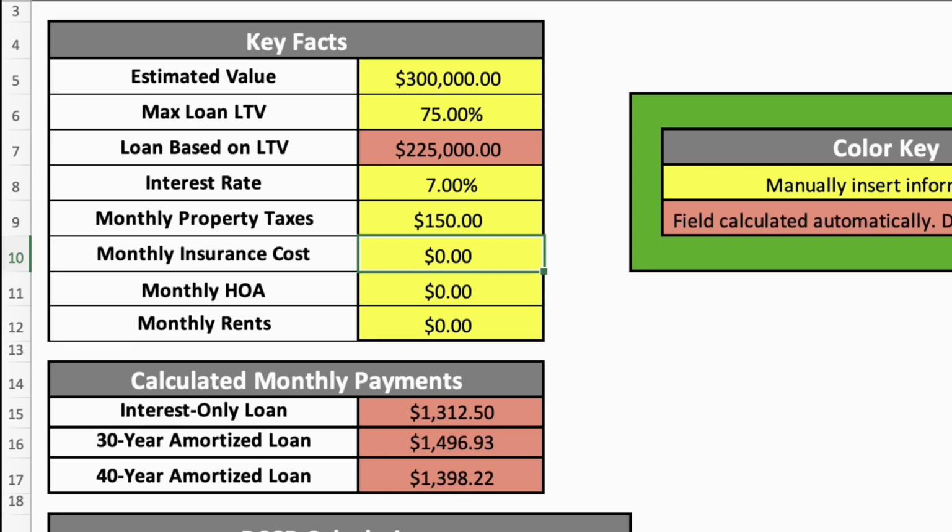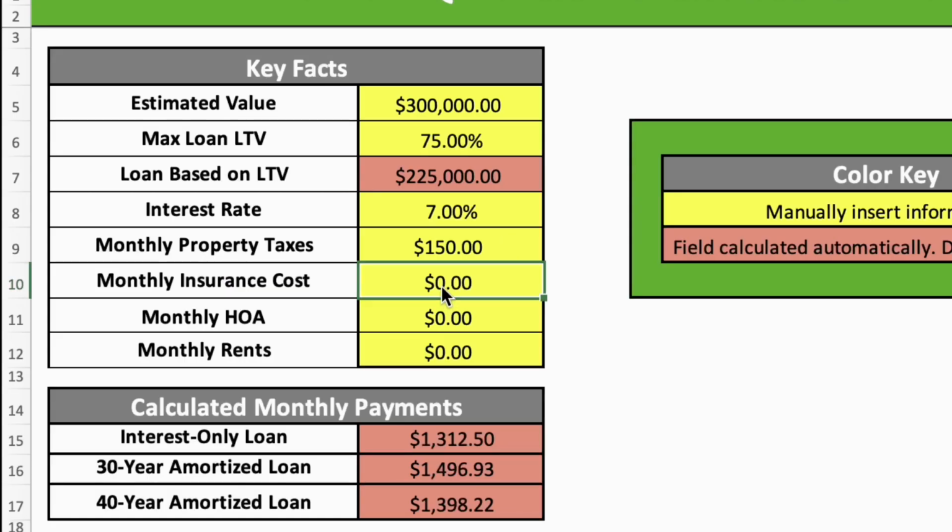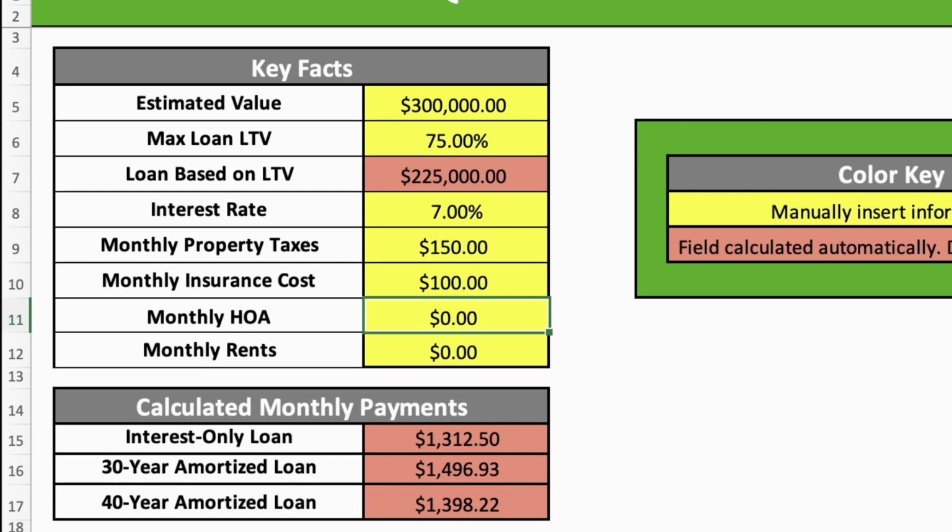And remember, you could play with this and put in real numbers from real properties, or estimates, whenever you want. Number two, let's put in the monthly property insurance. Here we're going to use $100. And last, HOA. Not every property has HOA, but if it does, you need to put that number in this spreadsheet. Here, once again for the example, we're going to use $100.